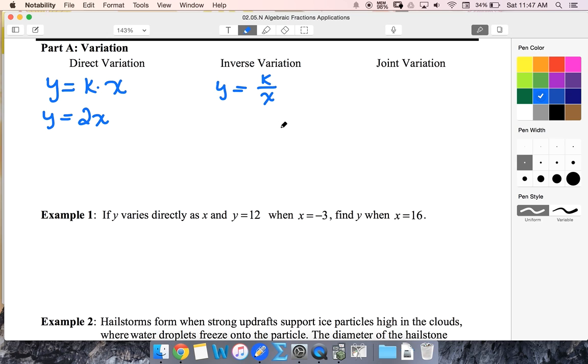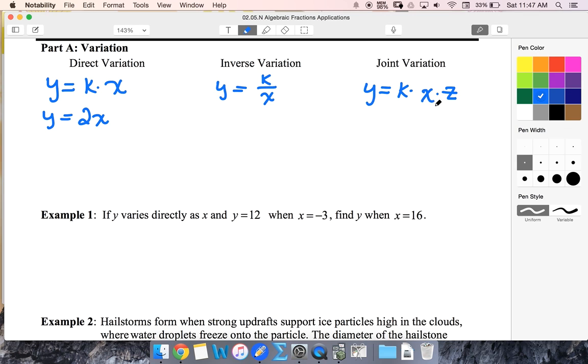Joint variation pulls into play a third variable and says that y is equal to k times x times another variable z. So in this case, y is dependent on both x and z changing.